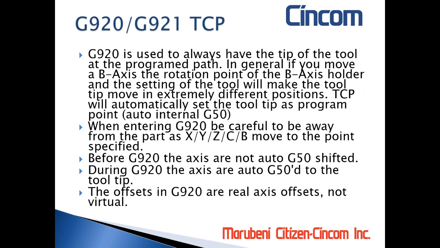So G920, on an Alto G50, in general, you can move the B-axis to any rotation point within the range of the machine.